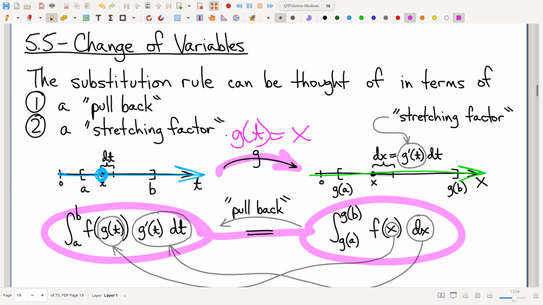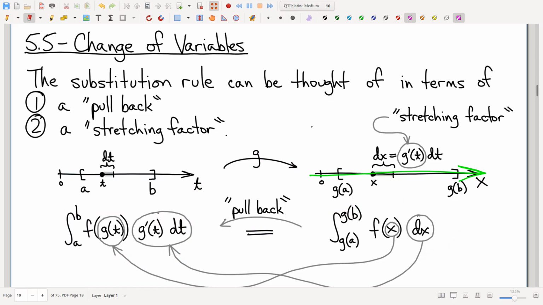Is that satisfying? Okay, so I want to give you a take on this, a point of view, a way to think about this. I think this is really cool. First of all, I want to talk about the phenomenon of the pullback. I claim that we can think of this function that pushes points that way, right? g takes points on the left and produces points on the right.